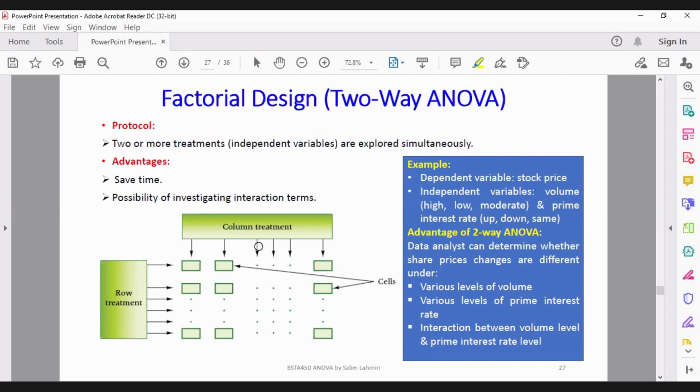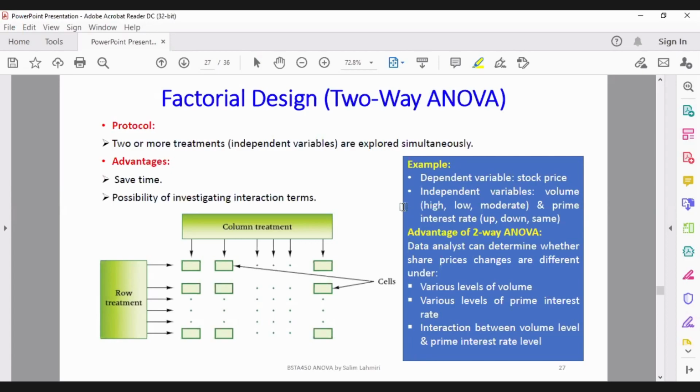Like the previous one, we have treatments in columns and also treatments in rows. We need to check whether the means across columns are equal, and also whether the means across rows are similar or different.